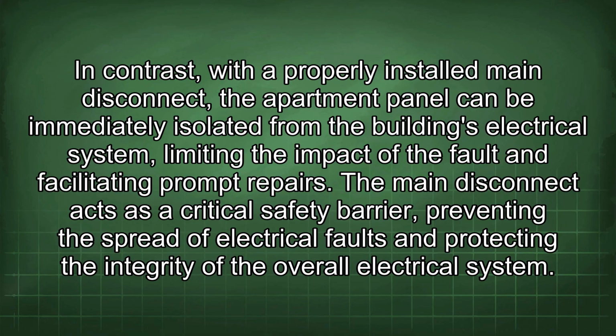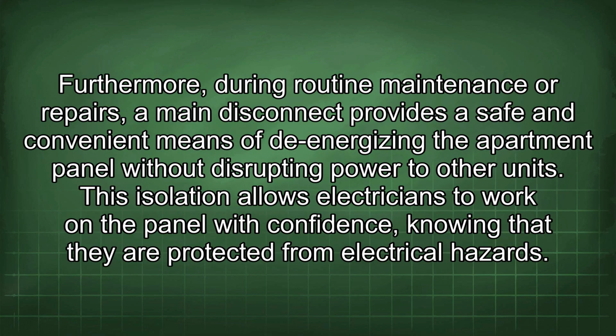The main disconnect acts as a critical safety barrier, preventing the spread of electrical faults and protecting the integrity of the overall electrical system. Furthermore, during routine maintenance or repairs, a main disconnect provides a safe and convenient means of de-energizing the apartment panel without disrupting power to other units.